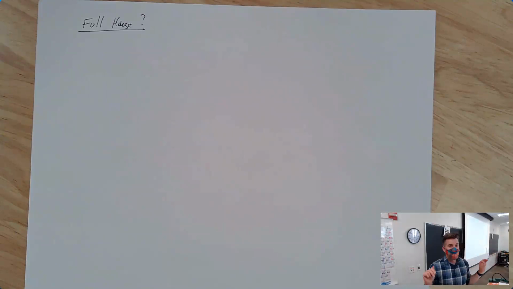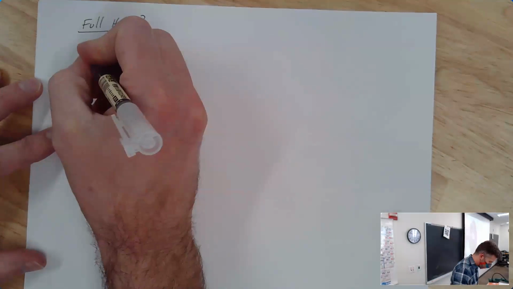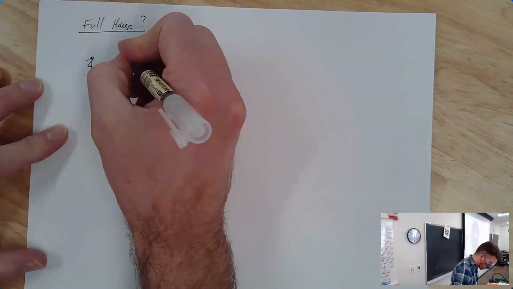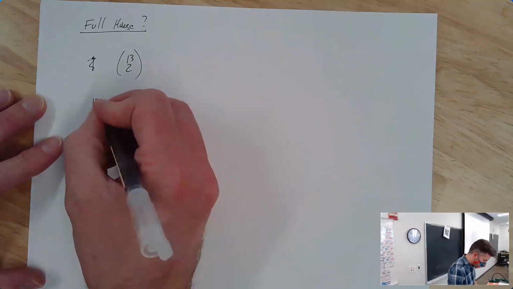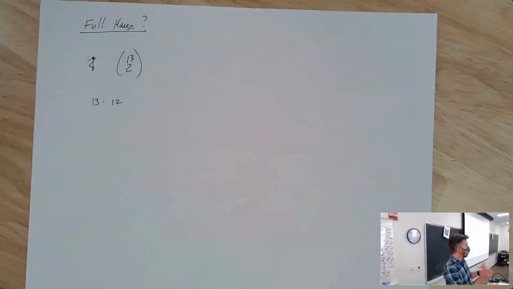Now, here is the thing that's maybe a little confusing. We're not going to do this as 13 choose 2. And here's why. 13 choose 2 would tell you all the ways you get 1 rank and another rank. So you have 13 choices for your first rank times 12 choices for your second rank, but then you don't care what order they're in when you do 13 choose 2, right?